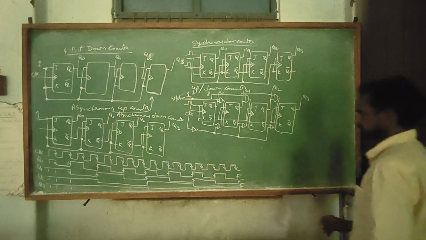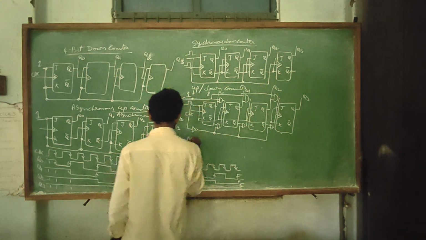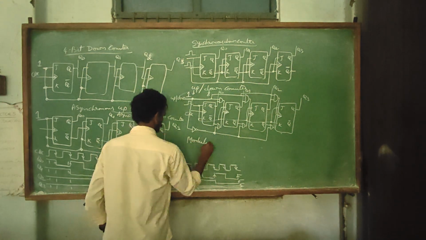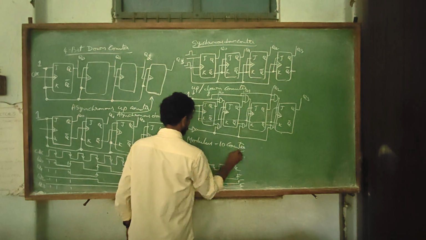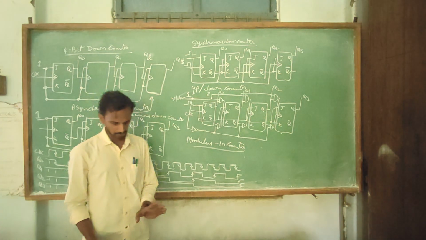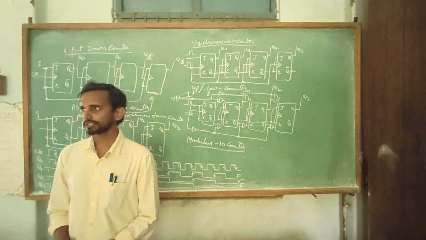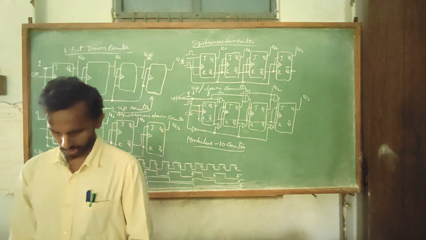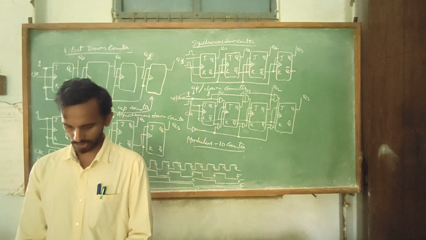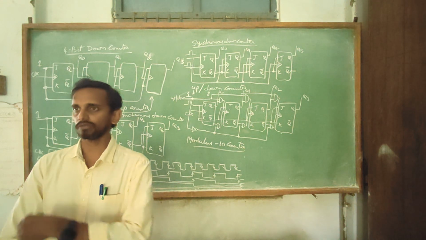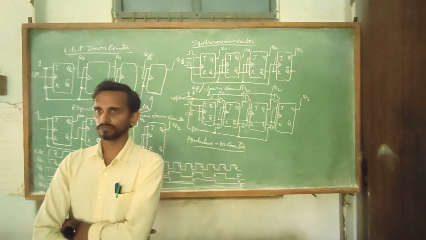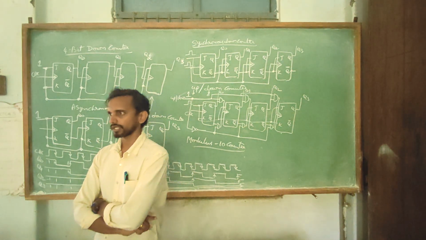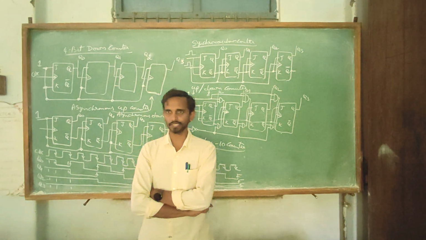The final one is the modulus counter. That's a modulus 10 counter. It is the most useful counter for all digital gadgets which count in the decimal system. So after counting from 0 to 9, the counter has to reset to 0 again.